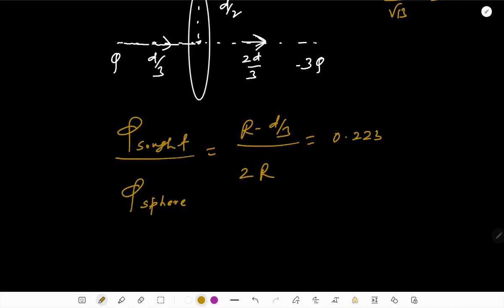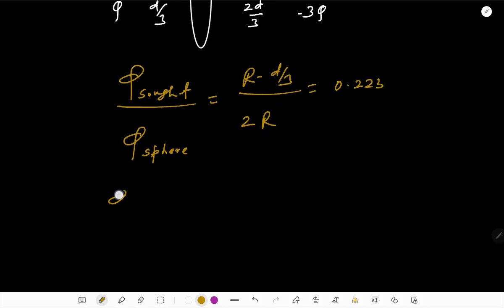That means the flux you need will be equal to 22.3% of the flux passing through the sphere, which is obviously q by epsilon naught.